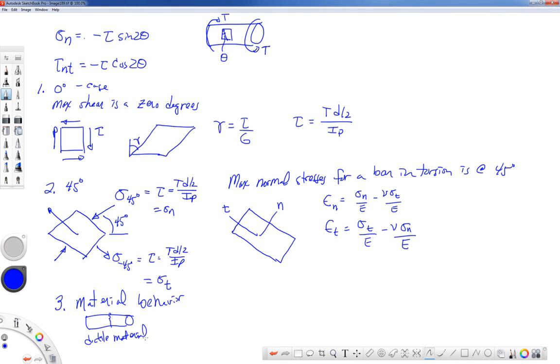Ductile materials tend to fail because of high shearing stresses. So they're getting sliced in half due to this shearing stress arrow and this shearing stress arrow. If you have a brittle material, the tensile stresses are important, and they'll tend to fail along a 45-degree helix. I don't know if I can draw that, but let me give it a shot.